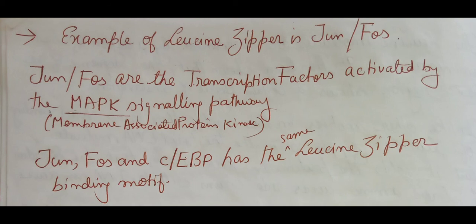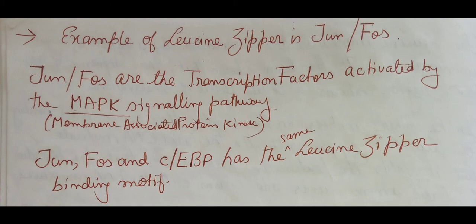Jun and Fos are the transcription factors which are activated by your MAPK signaling pathway, that is your mitogen-activated protein kinase signaling pathway.